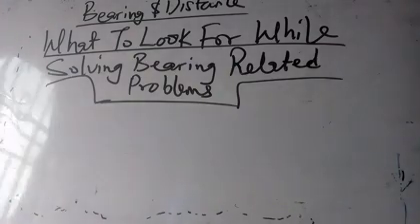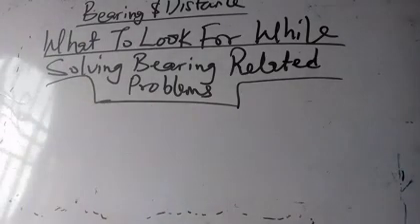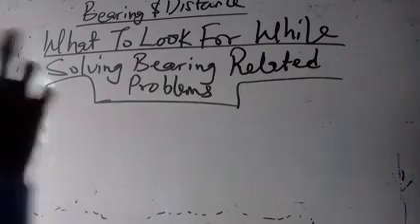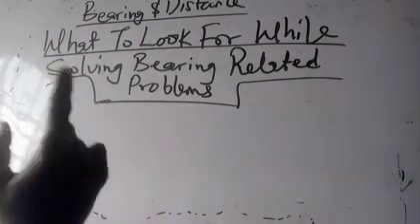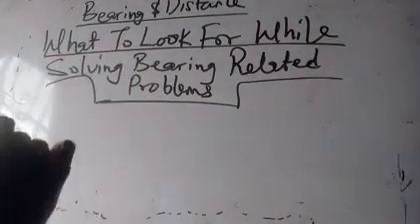This is the second video in the series as we attempt to explain bearing and distance. So when you are given questions to solve under bearing and distance, there are three key points that you must look for, which I'm here to explain to you.